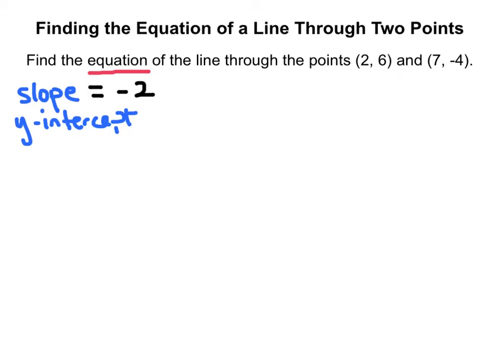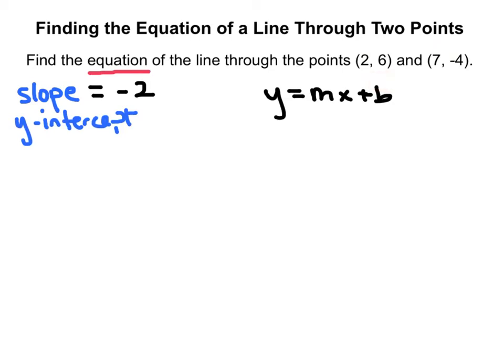With the slope being -2, we can choose one of our points to plug into the slope-intercept form, y equals mx plus b, so that we can solve for b to find our y-intercept. It doesn't matter which point you choose to plug in. Whether you choose (2, 6) or (7, -4), we will still get the same y-intercept in the end.